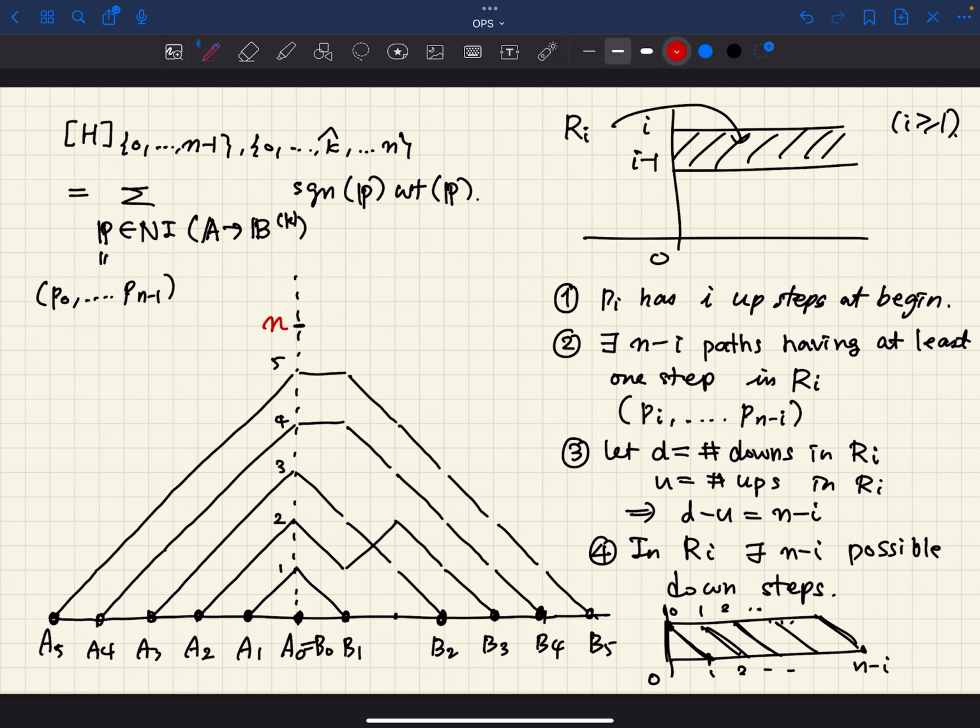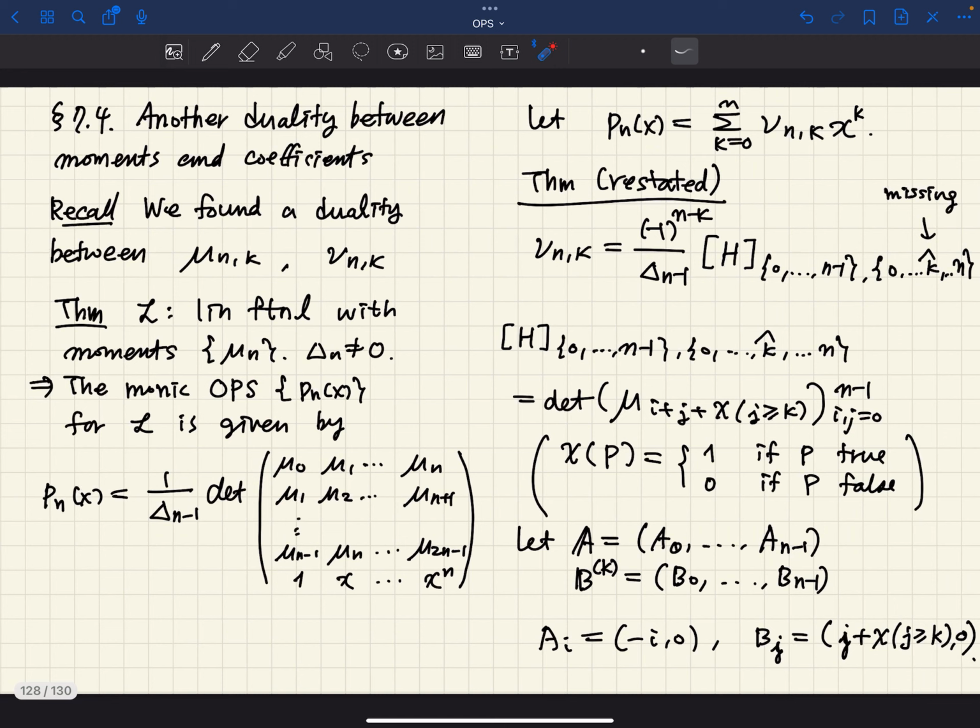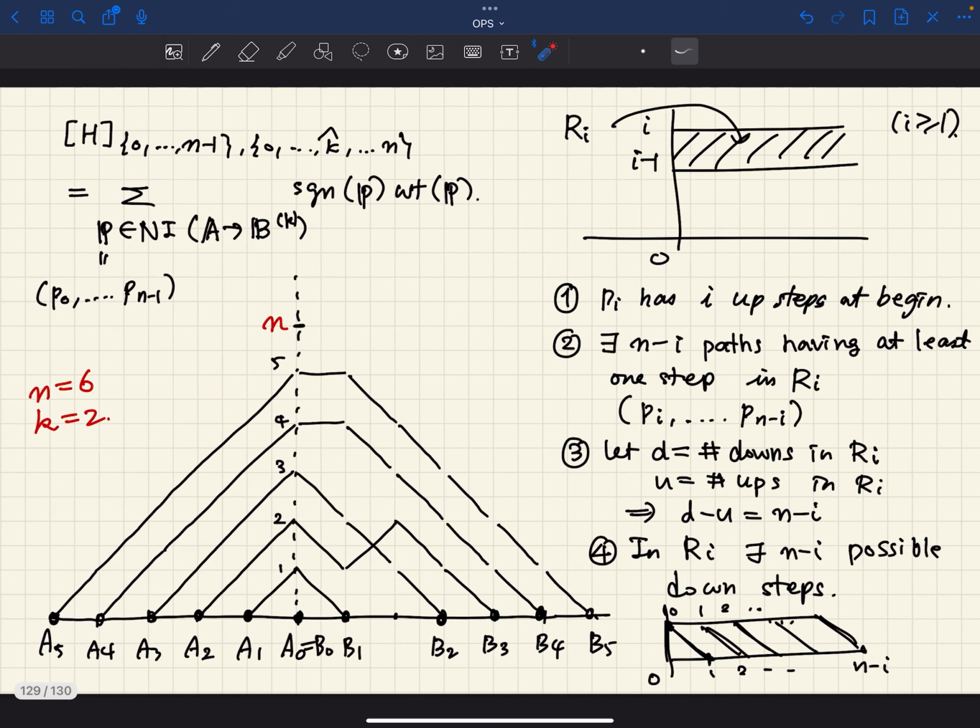In this case, n equals 6, I think. n equals 6, k equals 2, because the last index is n minus 1. So i equals 2, 5. Then I think it should be plus 1, yeah, right? Plus 1.